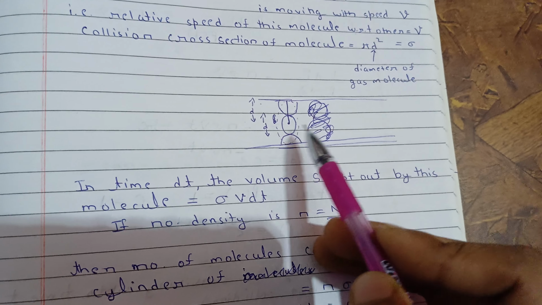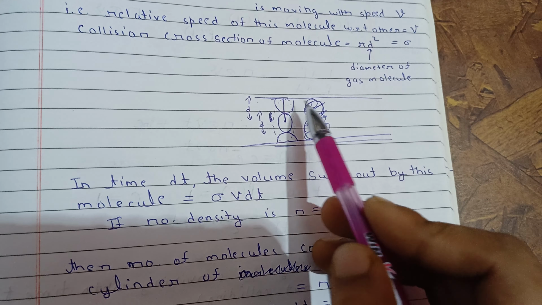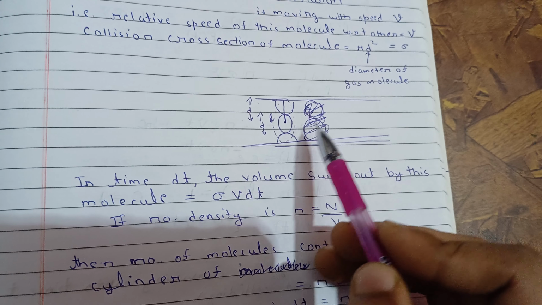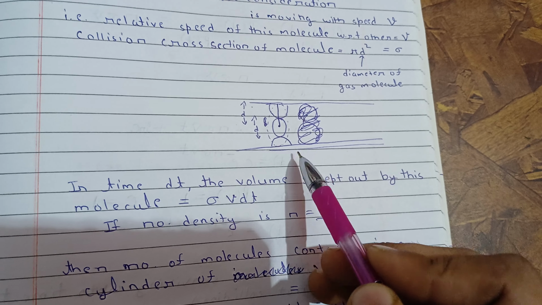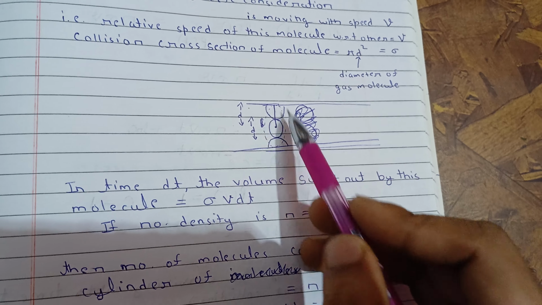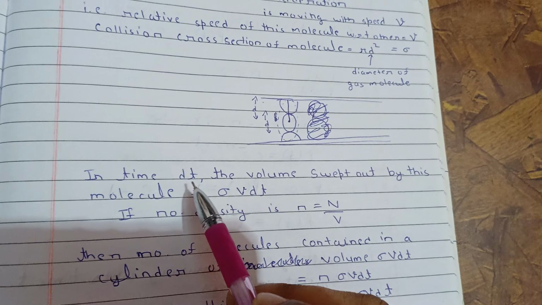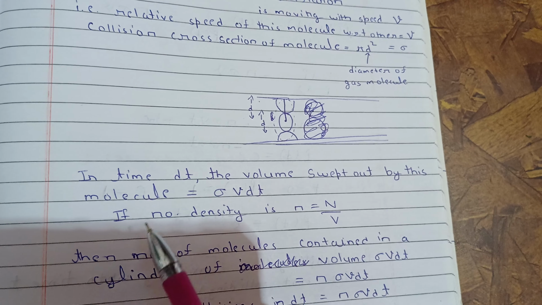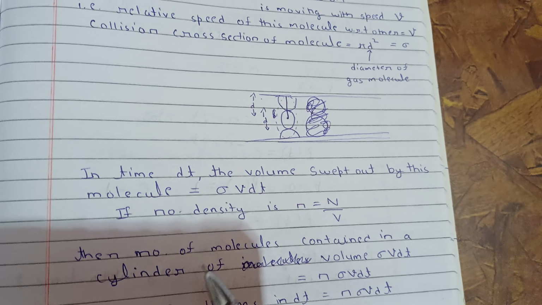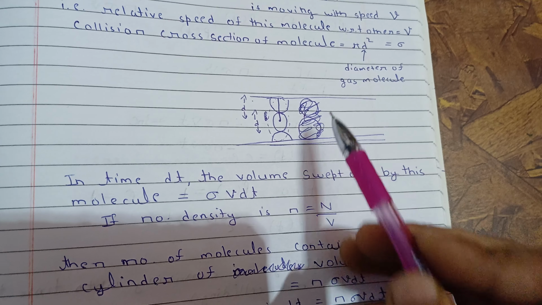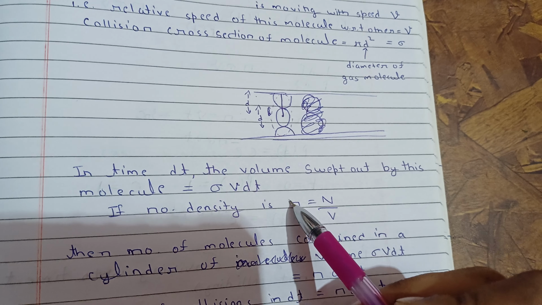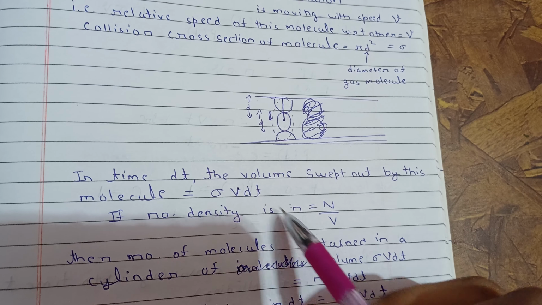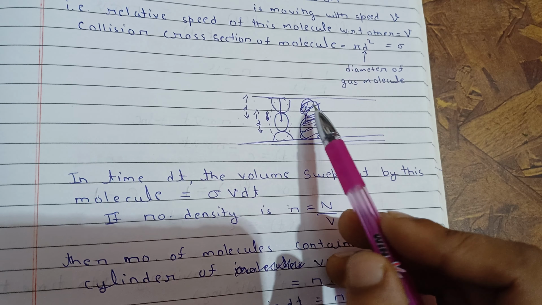Now, in time dt, what is the volume covered by this molecule? The distance traveled is v dt, multiplied by the cross-section area gives the volume. So in time dt, the volume swept by this molecule will be sigma v dt. Now if the number density, that is the number of molecules per unit volume, is small n, then n multiplied by this volume gives the total number of particles in that path.